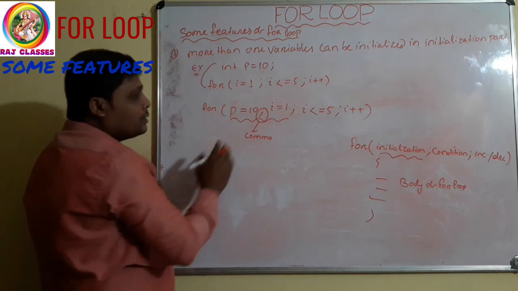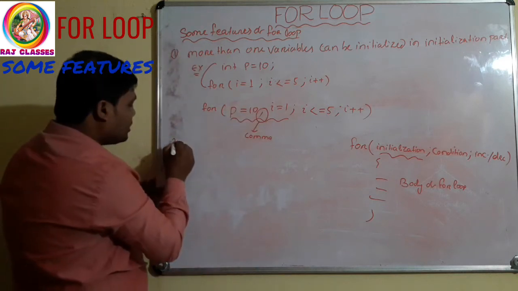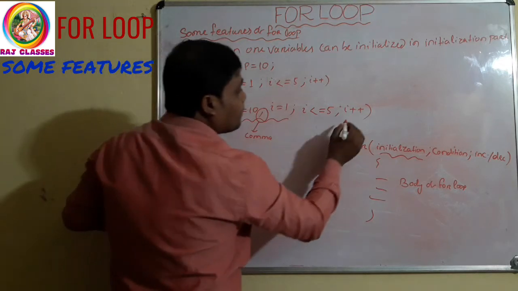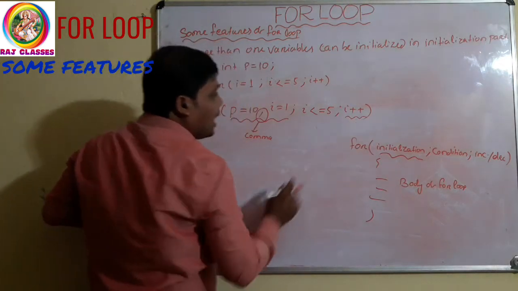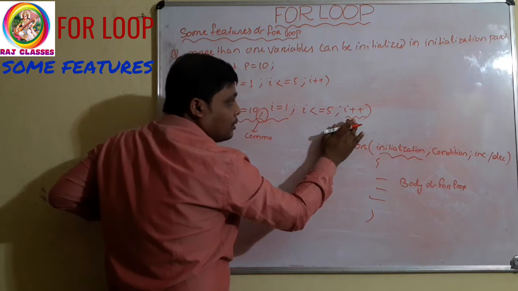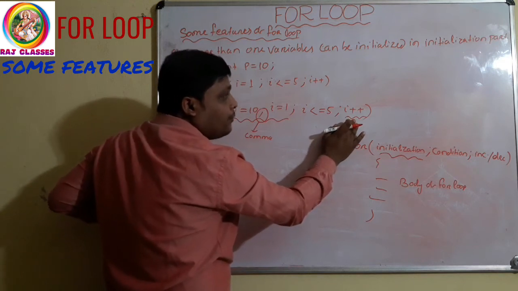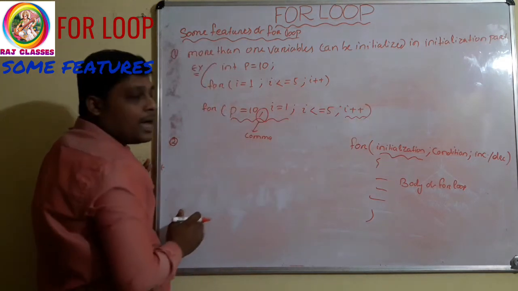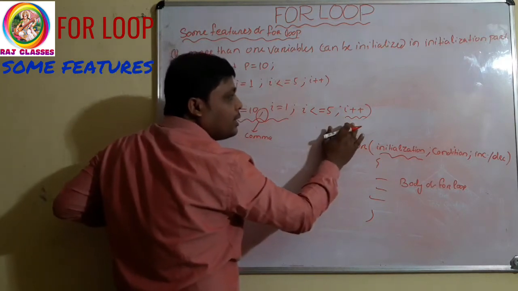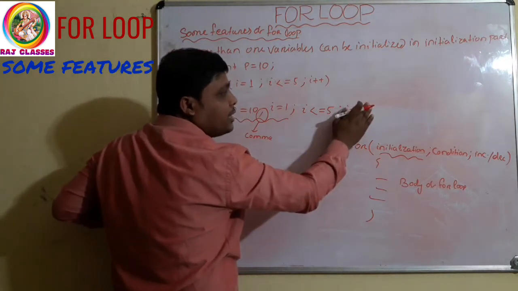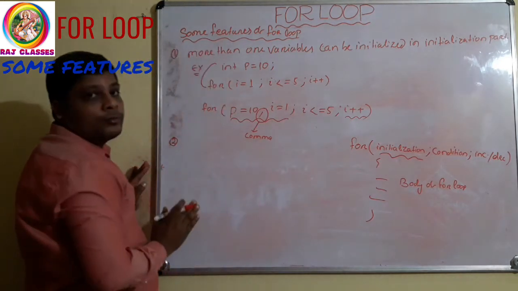Clear? Then second point is that, just see, same way I can do the increment or decrement of more than one variables. I can write the increment or decrement of more than one variables in the increment or decrement part in for loop.